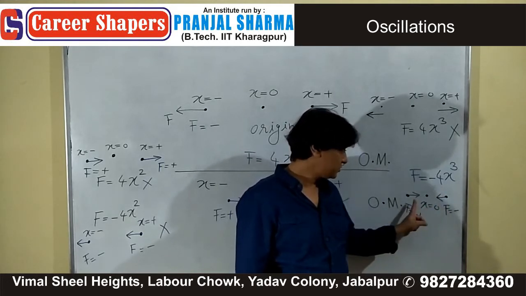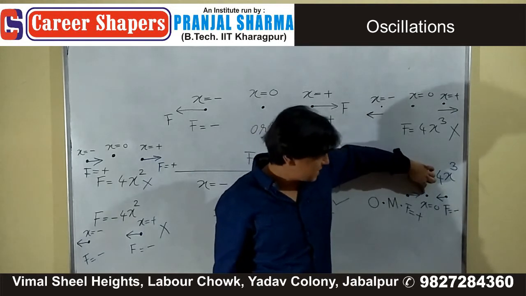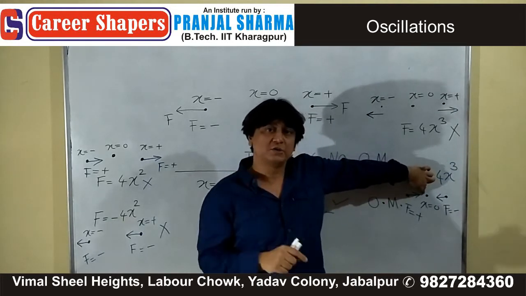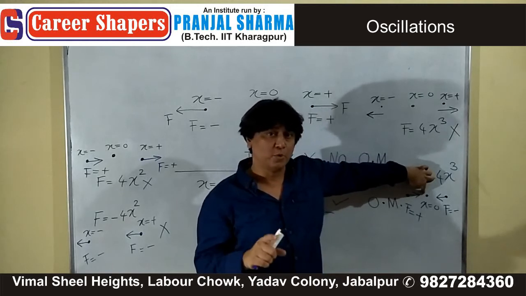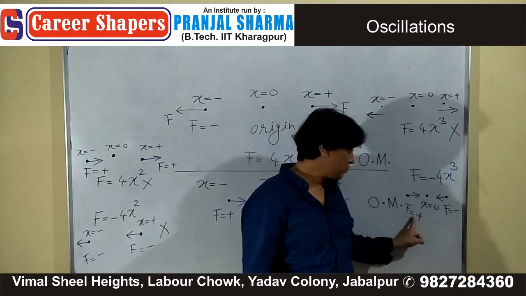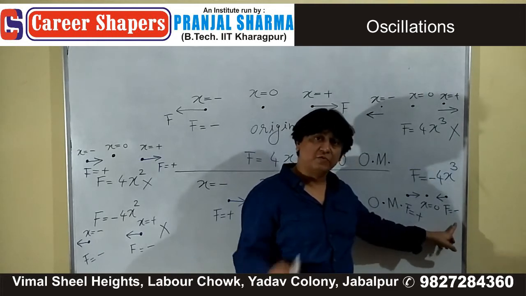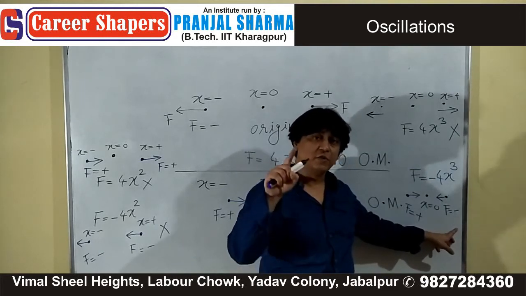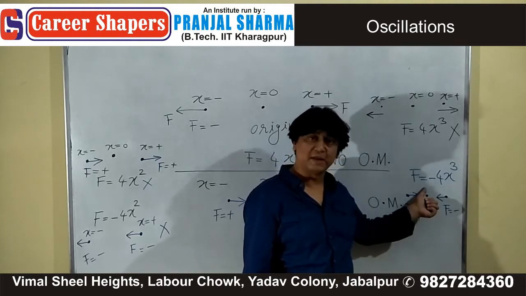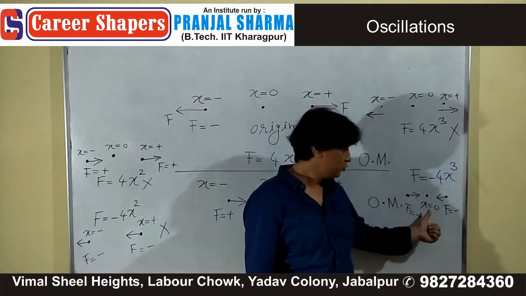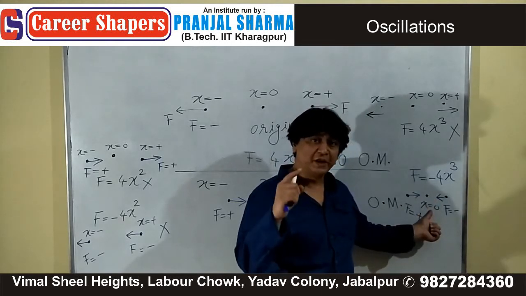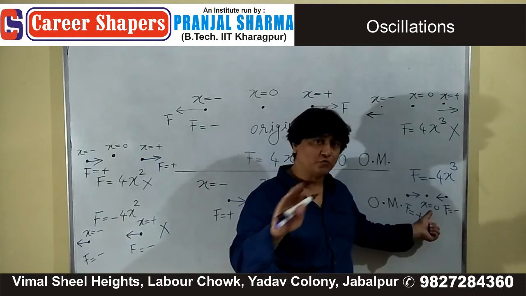And the ultimate thing is that this force is always directed towards a particular point. This point is called the mean position. Whenever you have a restoring force type of system, these restoring forces try to move the object towards the mean position, which is defined as x equals 0, which means a position where no force acts.